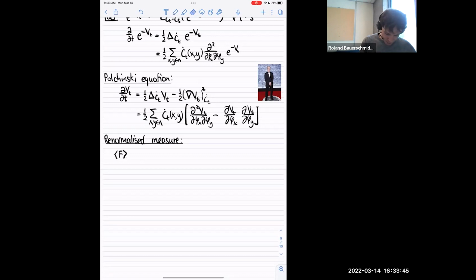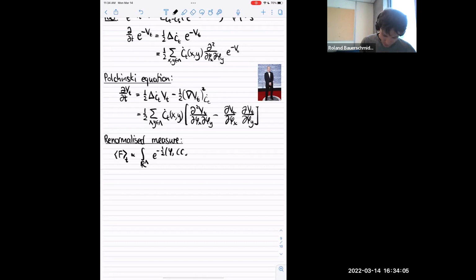I'm now going to put a subscript t, and this is defined like the original measure, except we replace the potential by Vt, and we replace the Gaussian part by the Gaussian part that we haven't integrated or convolved into the potential.